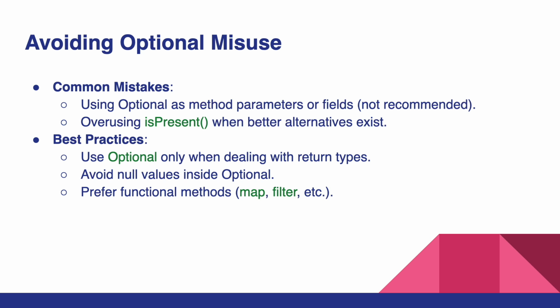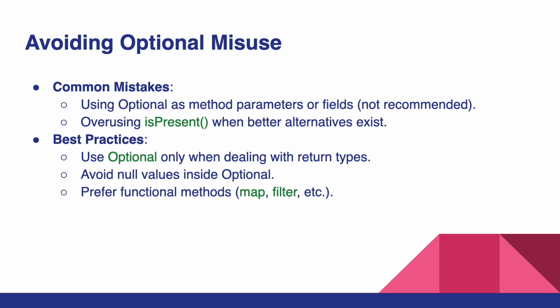Avoiding Optional misuse. Optional is not a silver bullet and it can be easily misused. For instance, using Optional in method parameters or fields is generally discouraged.